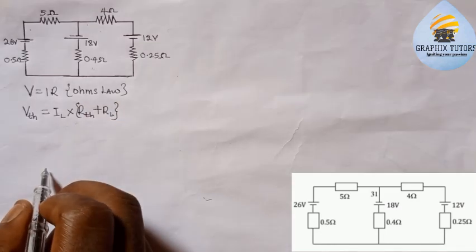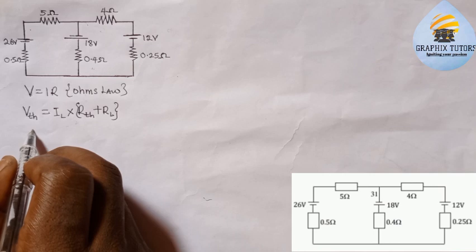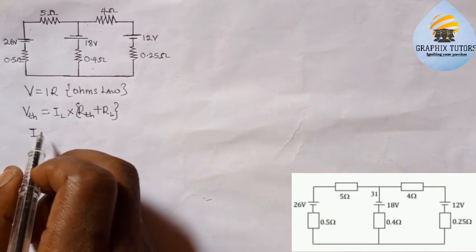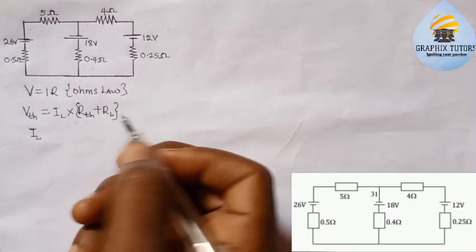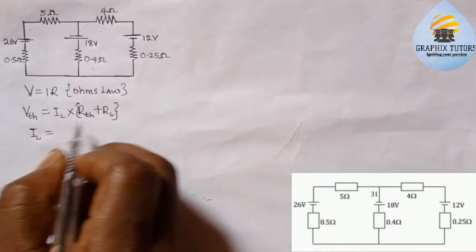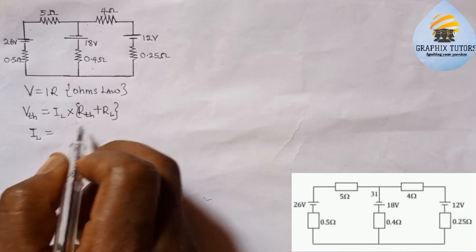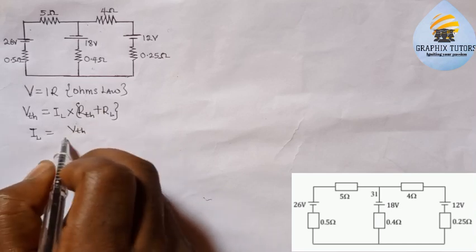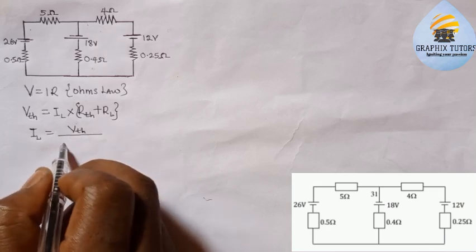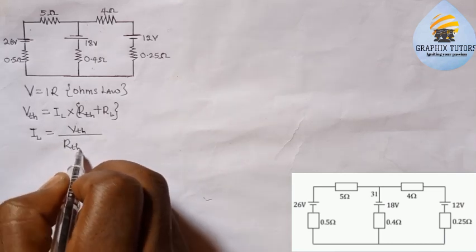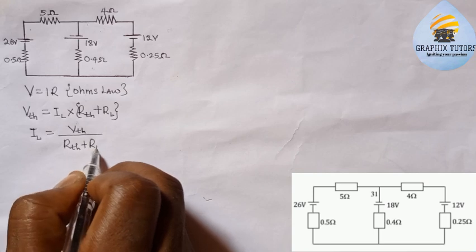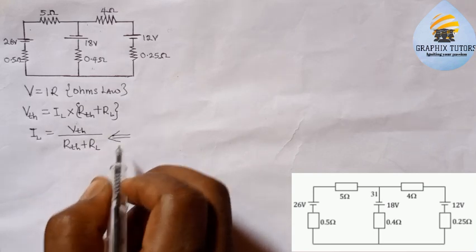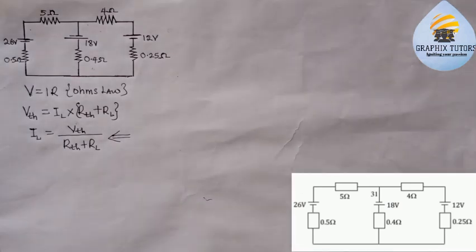So on the long run, the current that we're looking for, that is flowing through the load, will now be equal to, if I divide both sides by RTH plus RL, VTH all divided by RTH plus RL. So this is what we are focusing on.